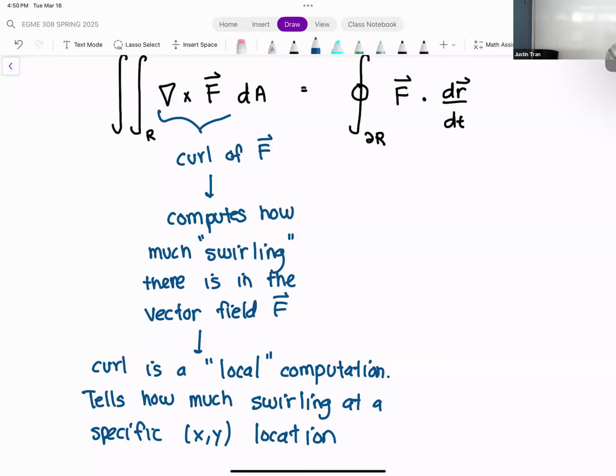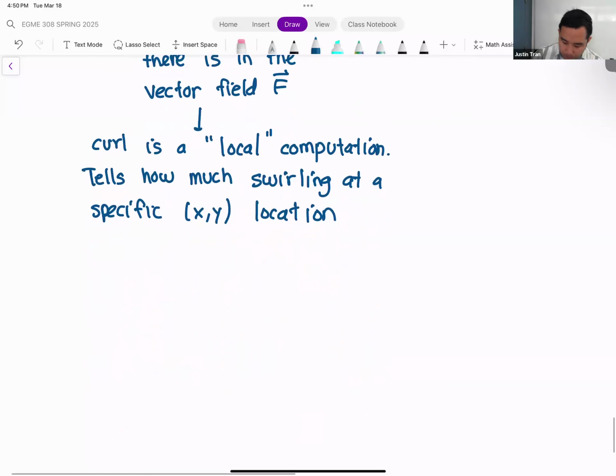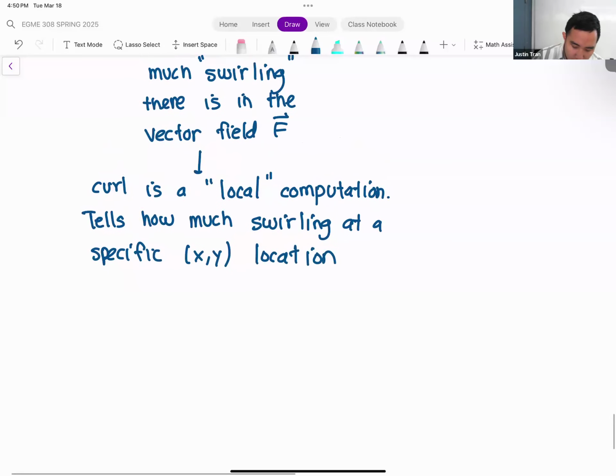Okay, and the curl is going to give you a different answer when you move to different X and Y locations. So it doesn't tell you the amount of swirling there is overall in the vector field, but it will tell you how much swirling there is at this point versus that point, right? It's very much a local computation, as is most often the case when you take derivative-based quantities. So for example, let me draw a vector field here.